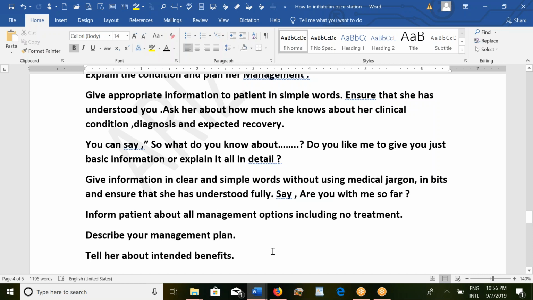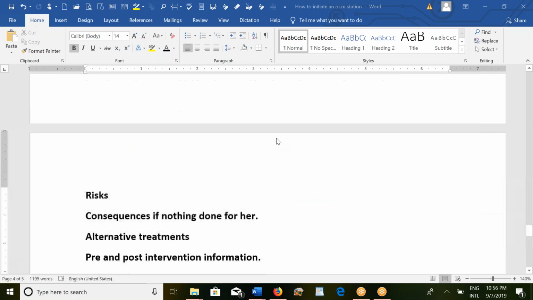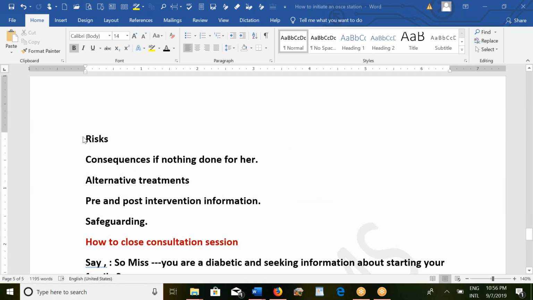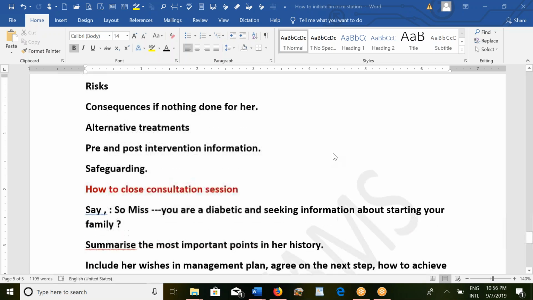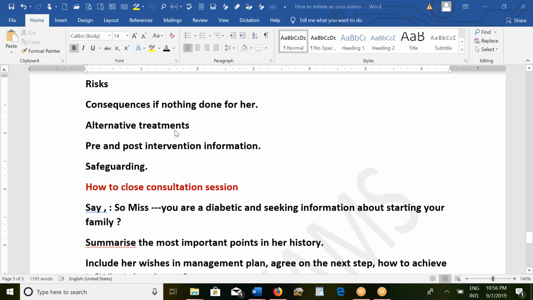Tell her about intended benefits. Then tell her about the risks and the consequences if nothing done for her. Also talk about alternative treatments, pre and post intervention information, and safeguarding.